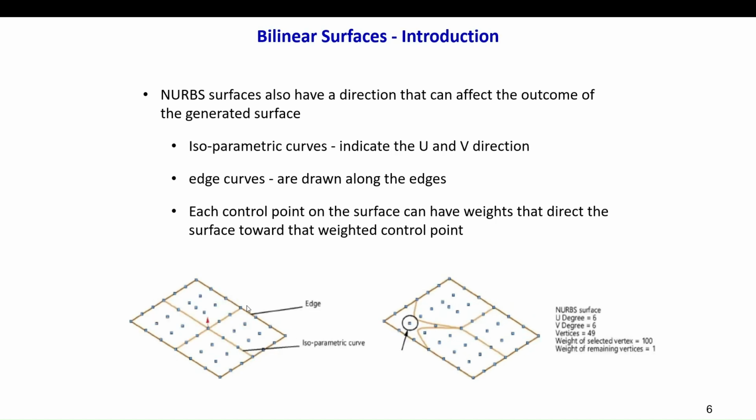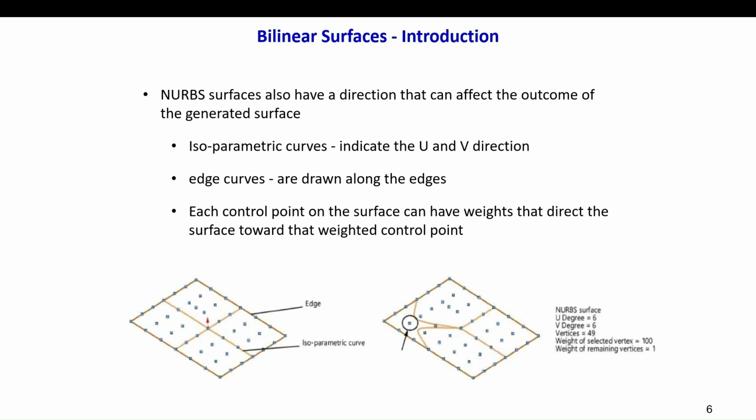Additionally, NURB surfaces have direction that can affect the outcome of the generated surface. There are terms such as isoparametric curves, which indicate the U and V direction, and edge curves that draw out the edges along the surface.